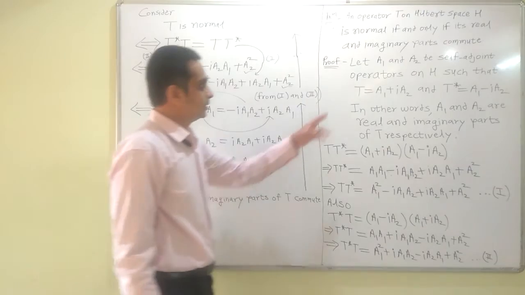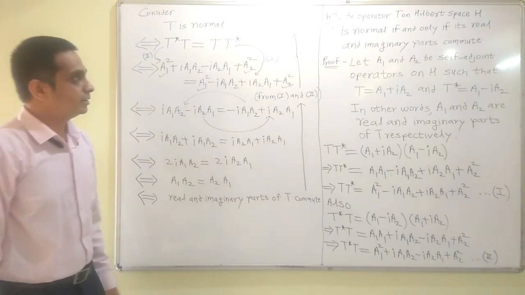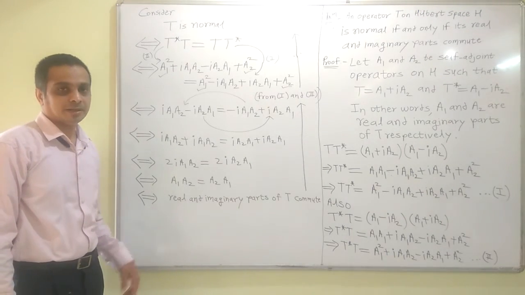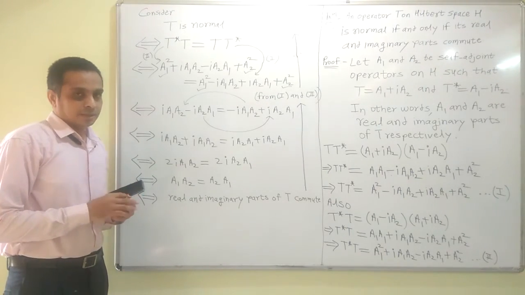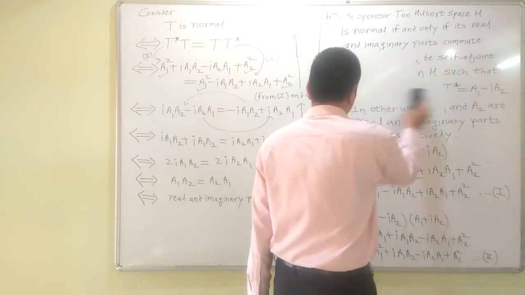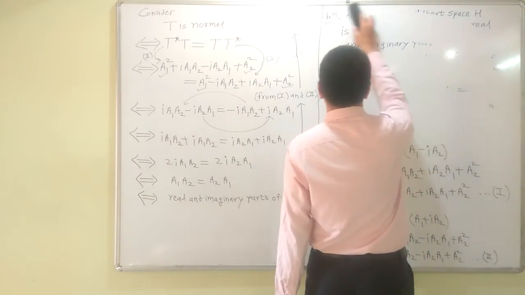This completes the proof of this theorem: an operator T on a Hilbert space is normal if and only if its real and imaginary parts commute. Due to this result, we now have three equivalent definitions of normal operators.